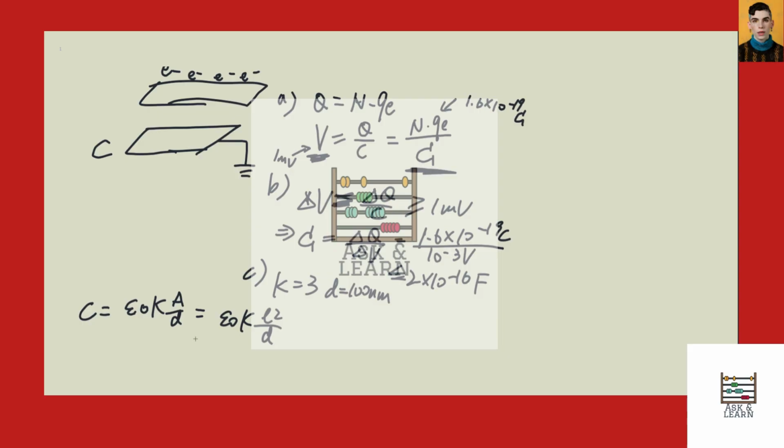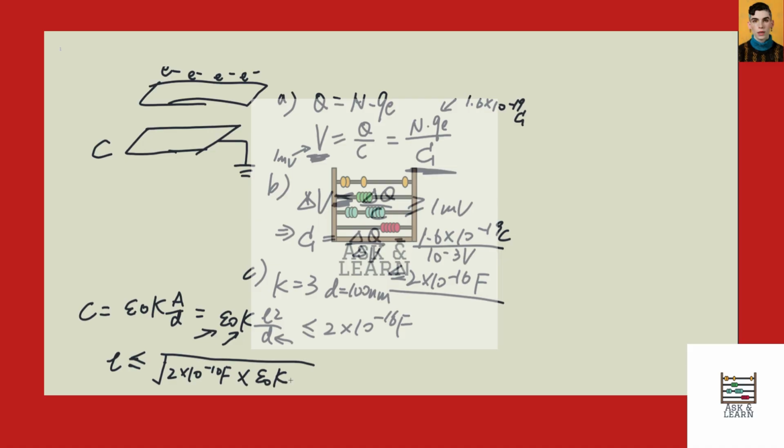We know what d is, so what L will make sure C is smaller than 2 times 10 to the negative 16 farad from part B? We can just solve this inequality. So L has to be smaller than or equal to the square root of 2 times 10 to the negative 16 farad times d over epsilon K.